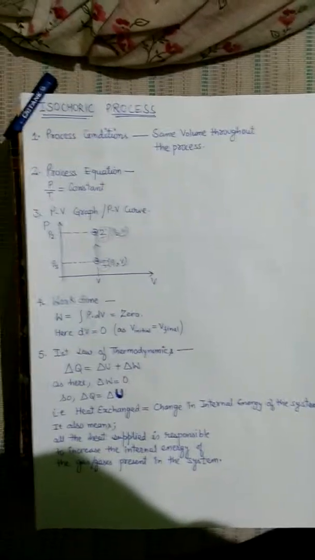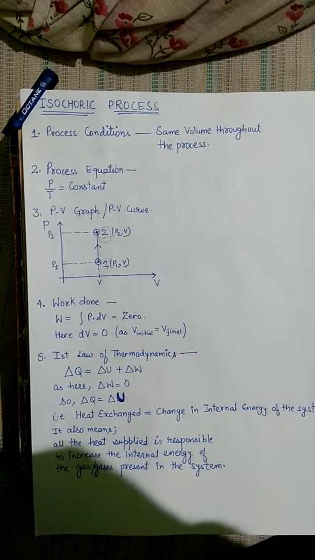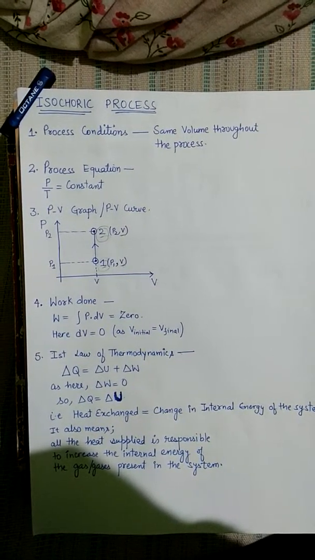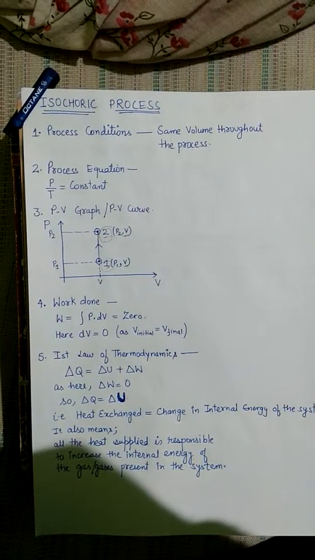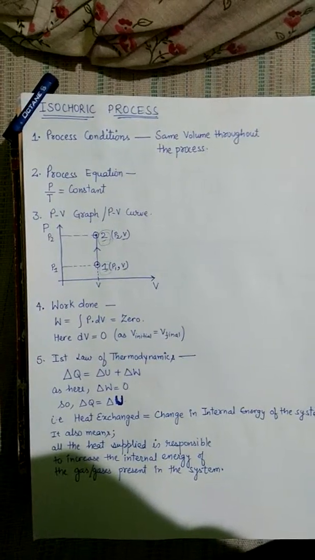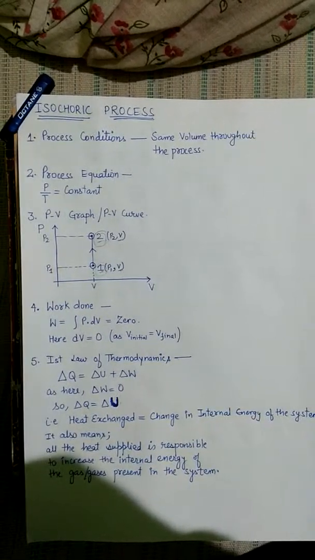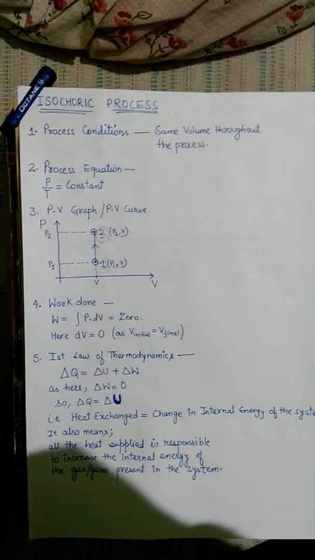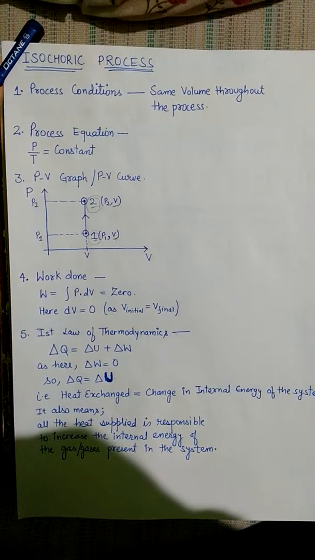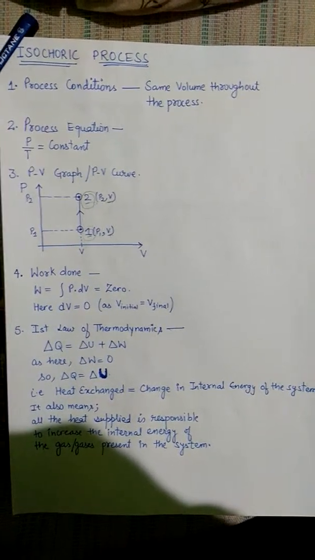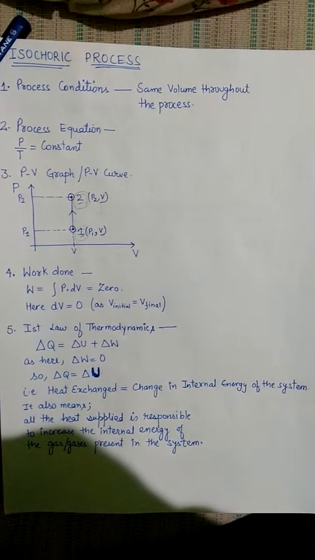We will see it from our first law of thermodynamics. What is the first law of thermodynamics saying? It says that the total energy supplied is equal to the change in internal energy plus work done, which in equation form we can write as delta Q = delta U + delta W. As here delta W is 0, delta Q = delta U. That is, the heat exchanged is equal to the change in internal energy of the system.